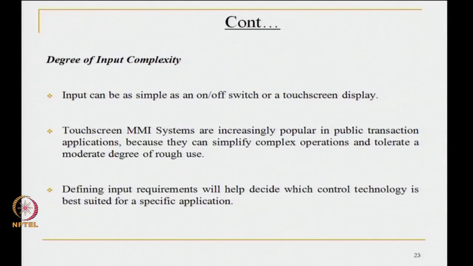And what is equally important in terms of usage, because all consumers are not equally sophisticated, all consumers do not have the same level of sensitivity, the equipment is bound to be put to rough use, or rough use is inherent.